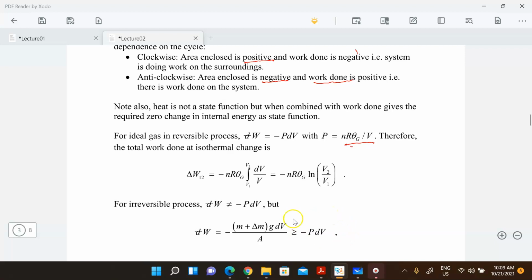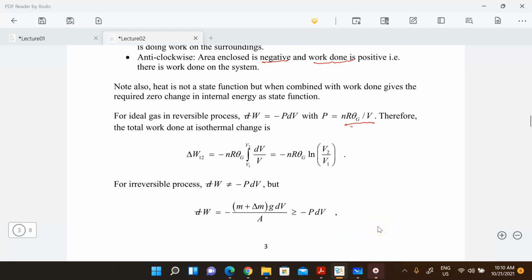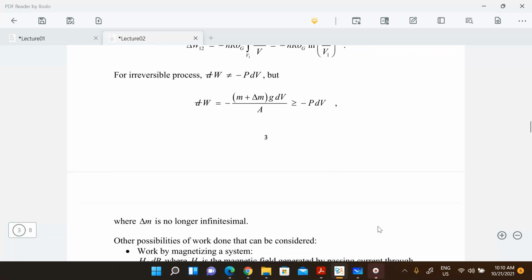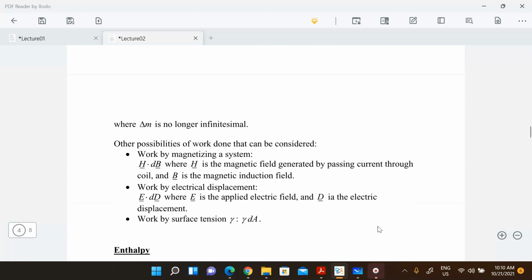Usually this happens when you have large changes, so over here, instead of the small delta that we previously had, this is going to be a finite change, so that usually can incur some kind of irreversible process.